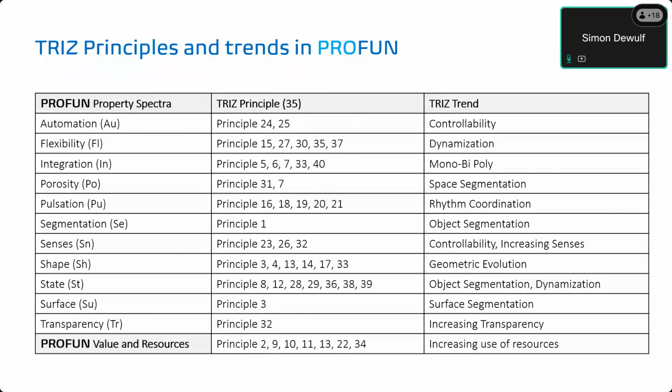Sometimes it's clean, like space segmentation is actually only about porosity. It's from full to hollow to multiple hollow to capillary. It's all about hollows. And maybe at the end you add some activity. Whereas object segmentation, again, is a combination. In the main way, it's about going from solid to liquid to gas to fields, which is our state change.